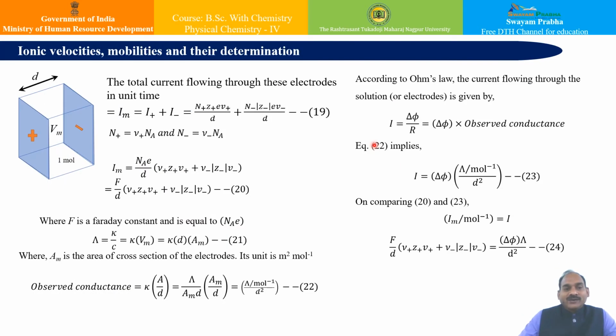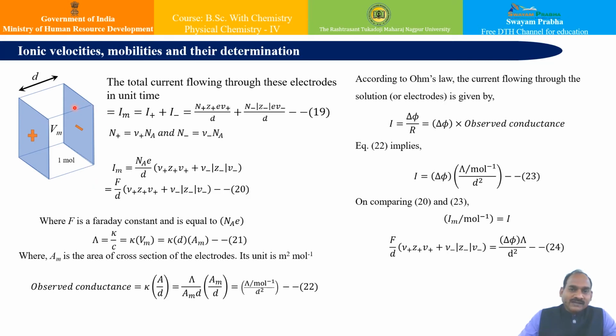Let us try to analyze these ionic mobilities, ionic velocities, and how we can analyze them. Let us try to see in this particular slide. Now let us consider volume Vm. Like this is shown, we have tried to show this volume Vm here in this figure.